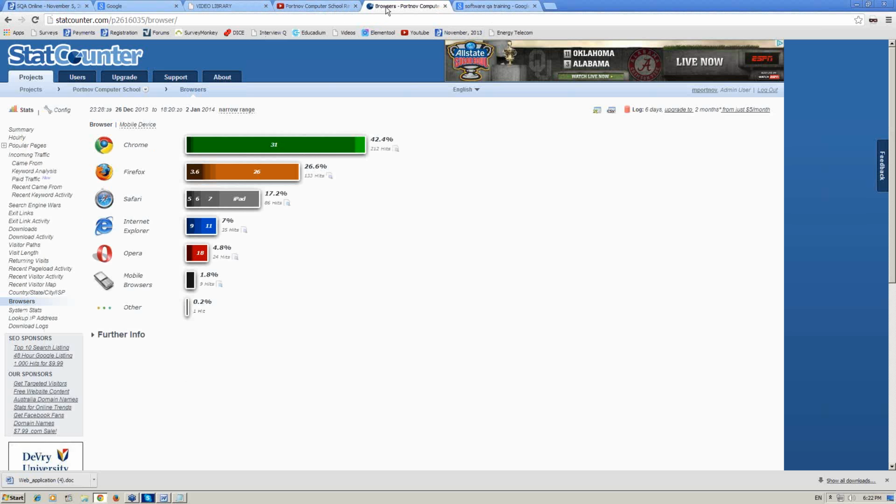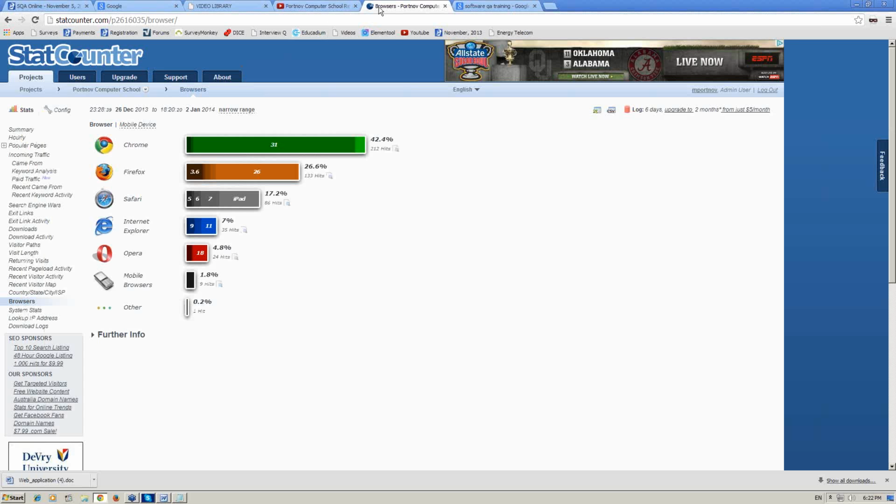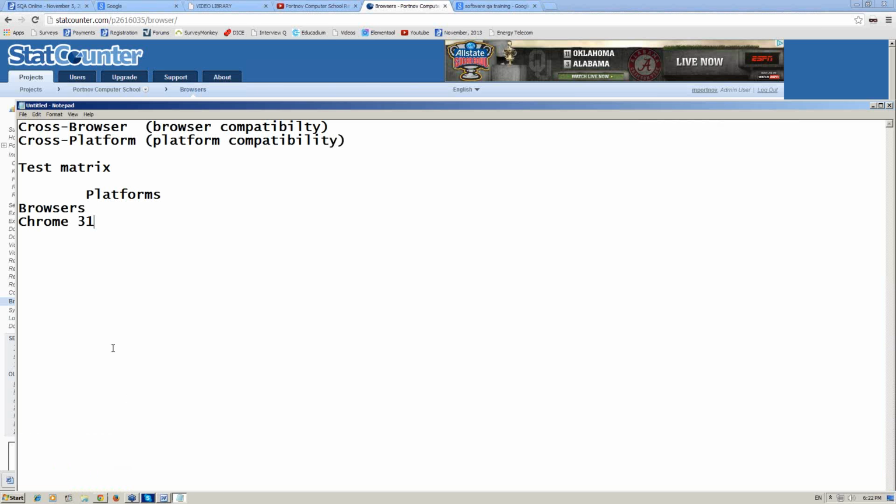Okay, where is it here? Okay, at that page. You are saying, we need Chrome 31. Why Chrome 31? Because it has lots of users here. Okay, we are saying Chrome 31. What else? Firefox 26.